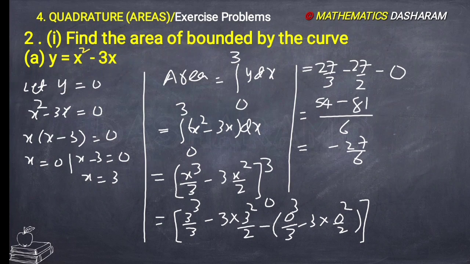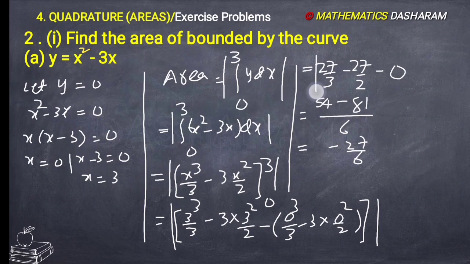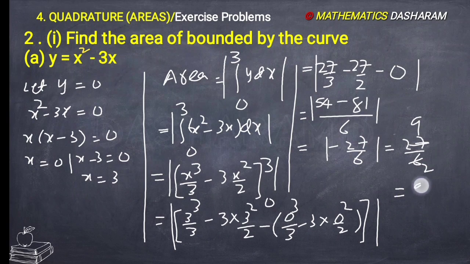Here we got a negative answer, but actually we need to apply the mod symbol for the integration, because area should be a positive answer, that is why apply the mod. So now the answer is 27 by 6. Here 3 2s are 6, 3 9s are 27, so 9 by 2 square units.